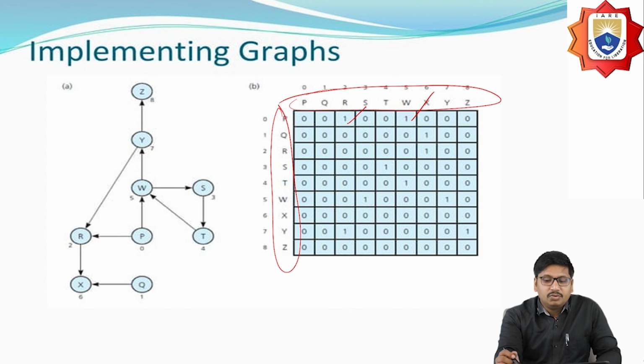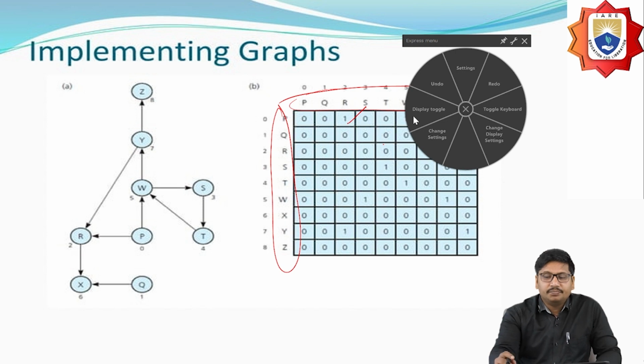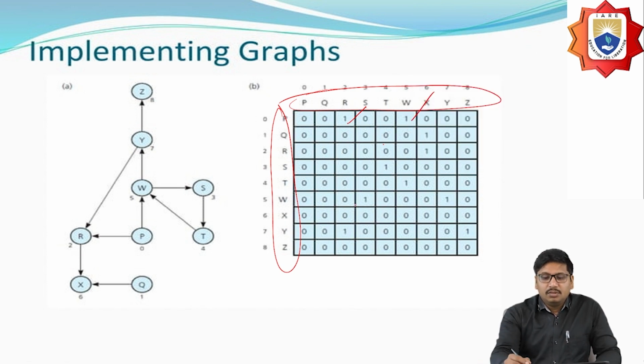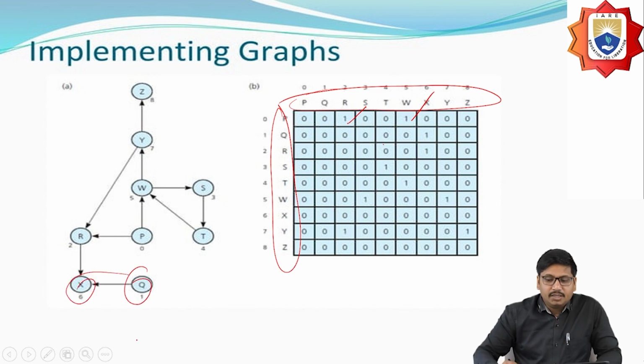Similarly for Q, if there is an edge from Q to X, so Q to X there is an edge, so I'm writing 1.